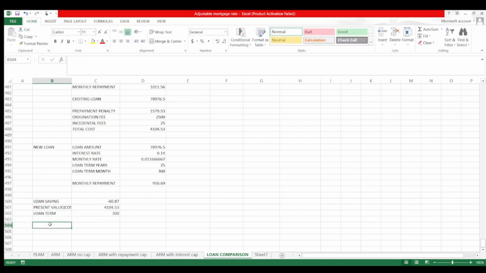So we're trying to get the yield by calculating the rate which will apply. Assuming you want to know the rate applied for you to get this monthly saving of 60.87 when the present value is 4104.53, we use the formula equals RATE, brackets, the number of periods, the payment and the loan amount.